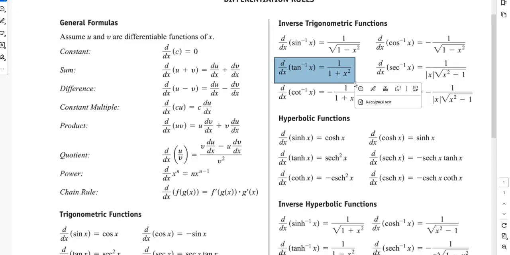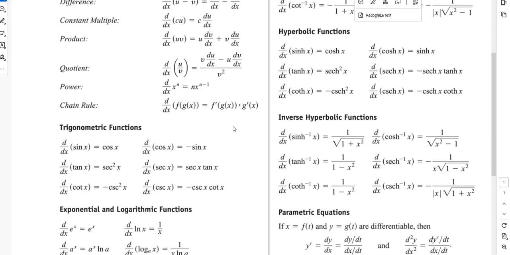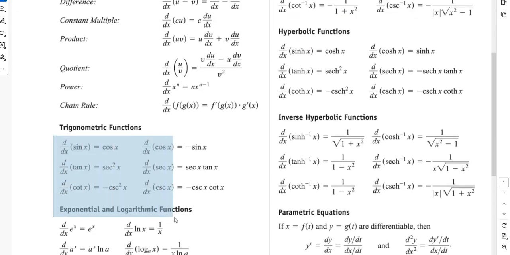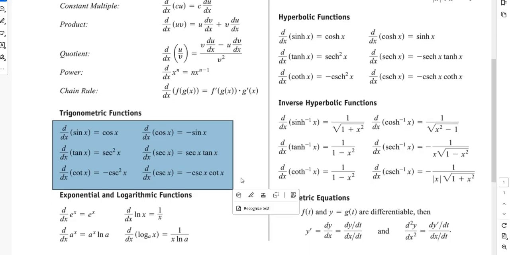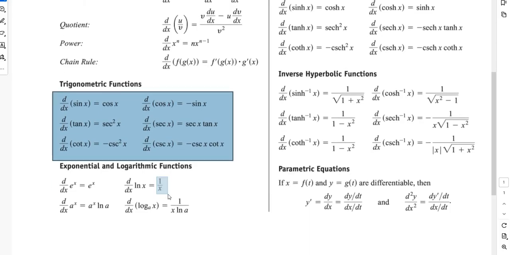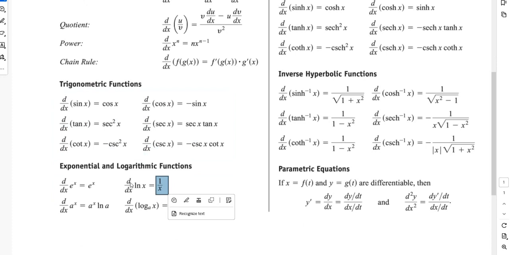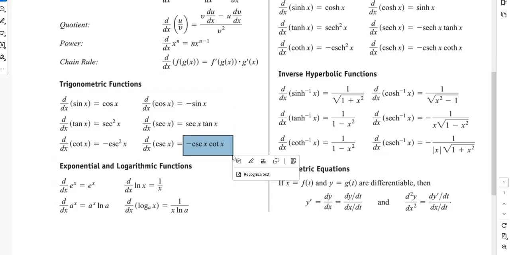But keep in mind, you do have the rest of your trigonometric functions here, and all these functions that have a derivative can be reworked in backwards form to find an antiderivative. So we had the antiderivative of 1 over x was log of x. You can do the antiderivative of minus cosecant, cotangent, etc. So all of your rules for differentiation now give you an additional set of rules that you use backwards.